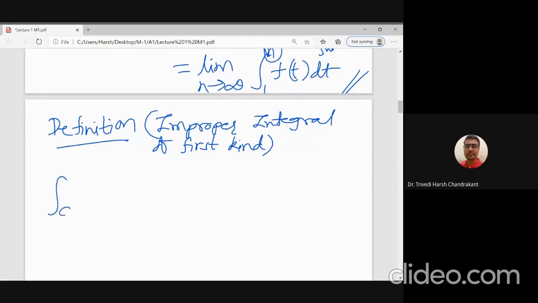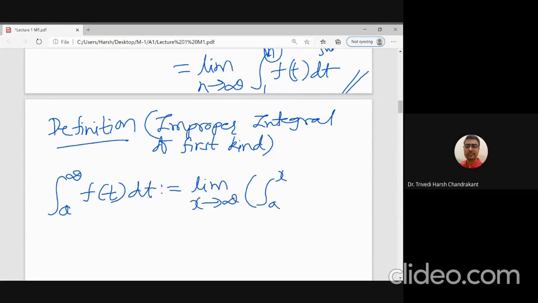So that is over the interval a to infinity, where a is any real number. So the integral from a to infinity is defined as the limit of x tends to infinity of the integral from a to x of f(t) dt.